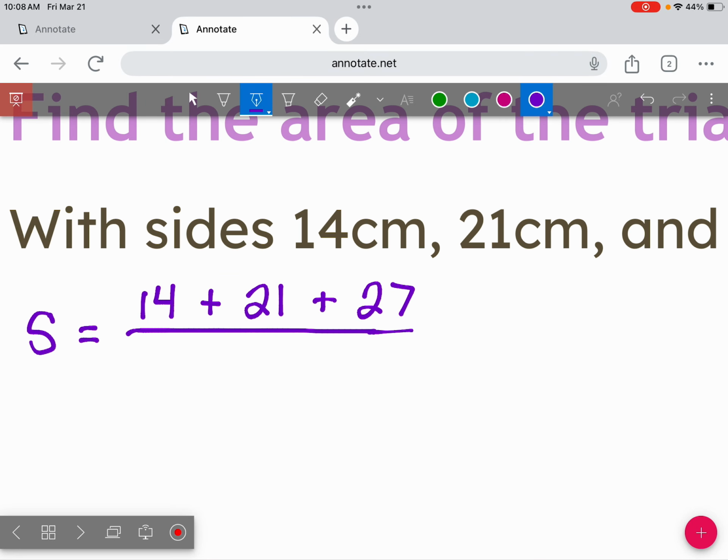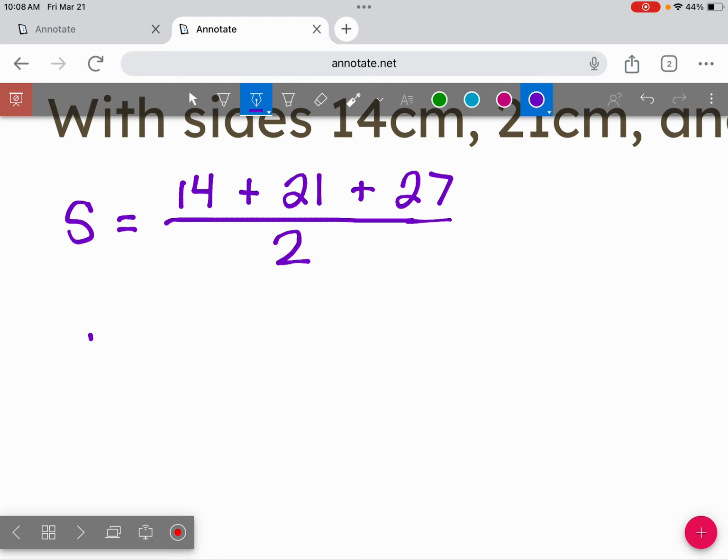So our S, this semi-perimeter, I'm going to add them all up, 14 plus 21 plus 27, and divide it by 2. So what is S? Should not be 48. 31. So S is 31.